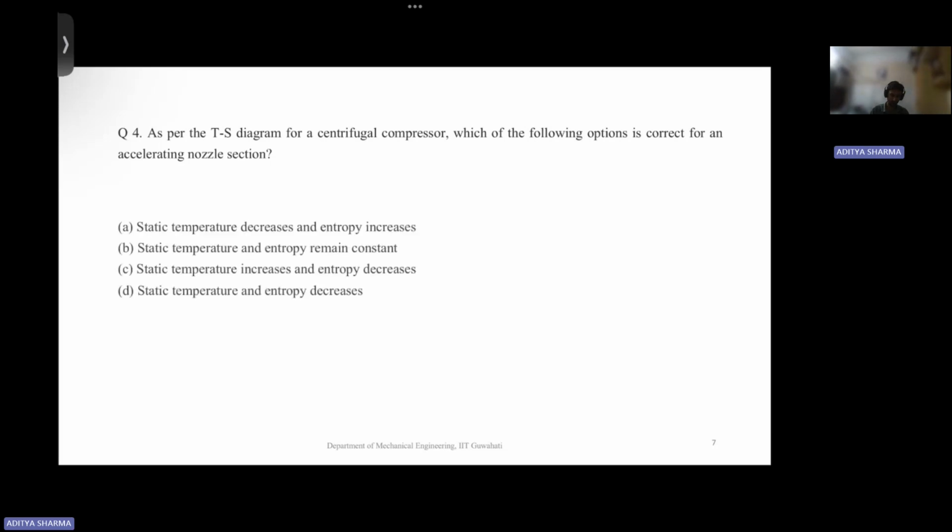Question number four says that as per the TS diagram for a centrifugal compressor, which of the following options is correct for an accelerating nozzle section? Out of the four options, which one is correct? Please try to answer this through the HS diagram or TS diagram.